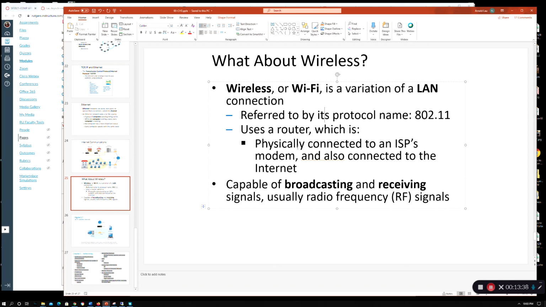And the router connects to the internet service provider's modem, which connects to the internet, right? You probably have it at home. You probably have a router. Your internet service provider comes into a modem. It connects up to your router, and then you have your own personal Wi-Fi around your house, right? So it's a similar type of thing, okay?